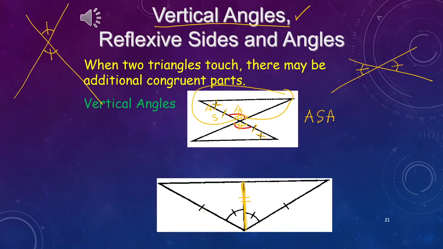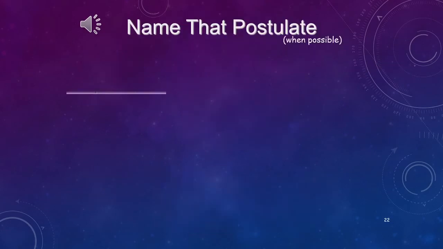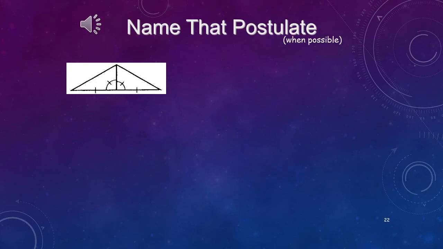And what postulate is this? Side angle side. Okay, section Ruby, let's have another one. Let's name this postulate.